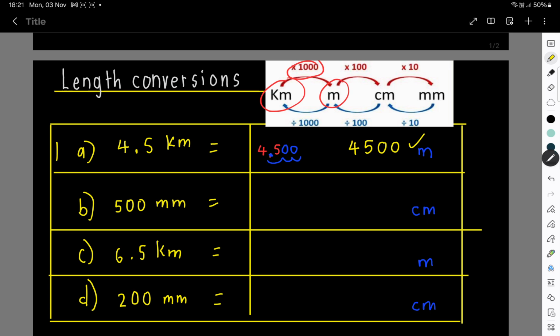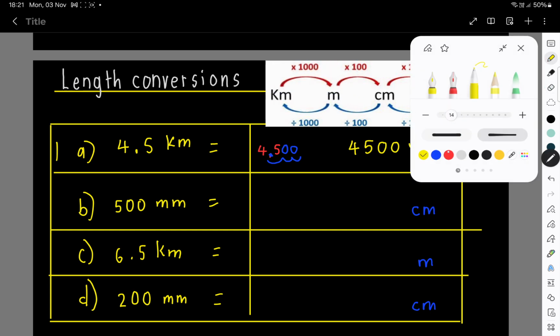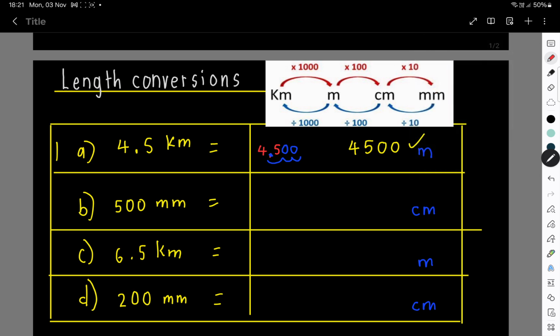Next one, millimeters to centimeters. So you check your rule out. Millimeters to centimeters, not millimeters to meters. You are converting from millimeters to centimeters. So you check.